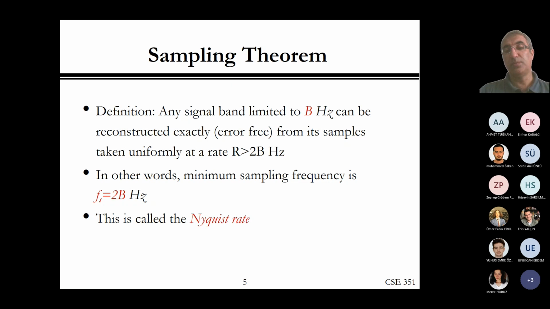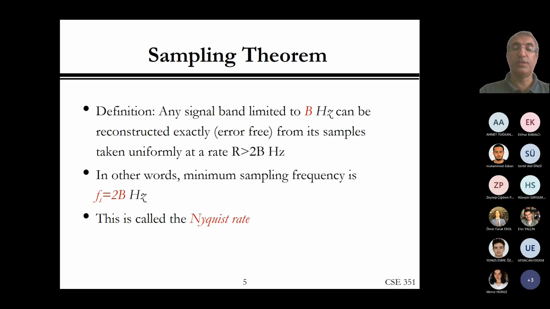In other words, minimum sampling frequency is going to be equal to 2 times the bandwidth of your signal. And this rate fs, which is equal to 2 times the bandwidth of your signal, is called the Nyquist rate. These are very fundamental things in any kind of electronic and computer system.